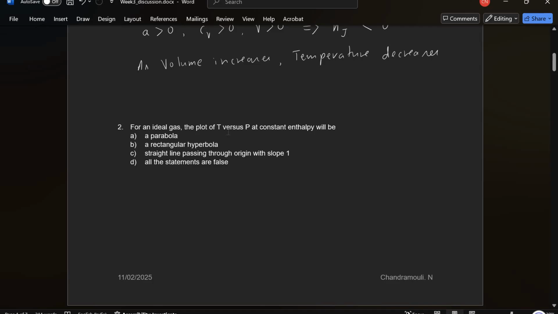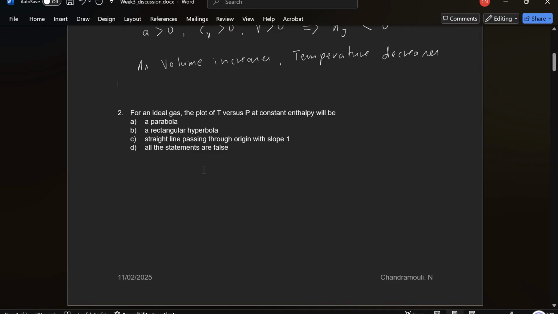So now we'll go to the second question, where again it's an easy question actually. So for an ideal gas over here, we want to know the plot of T versus P at constant enthalpy. And actually, this is related to the Joule-Thomson effect. So over here you can see that it is basically delta T versus delta P at constant enthalpy, which is basically the Joule-Thomson coefficient, right?